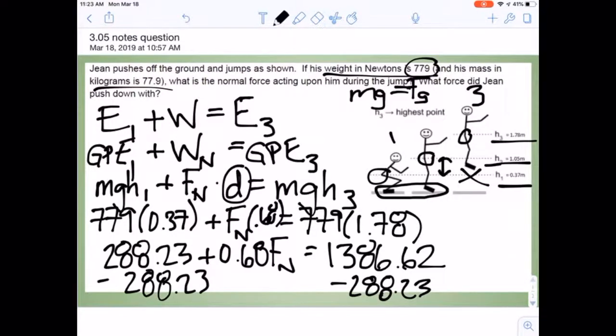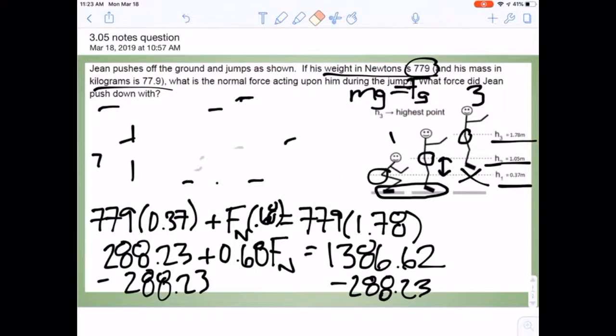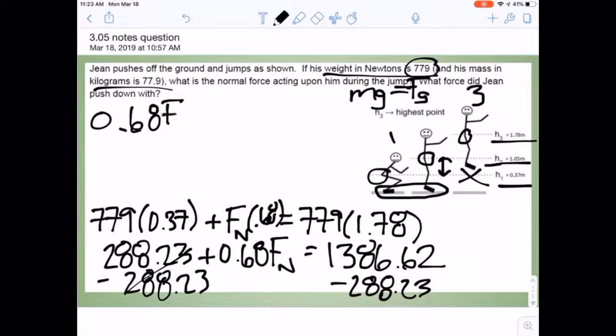Okay, and I'm going to need a little bit more room, so I'm going to erase some of this stuff at the top. All right, so now we've got, this goes away, we've got 0.68 Fn normal force. It's equal to 1098.39.